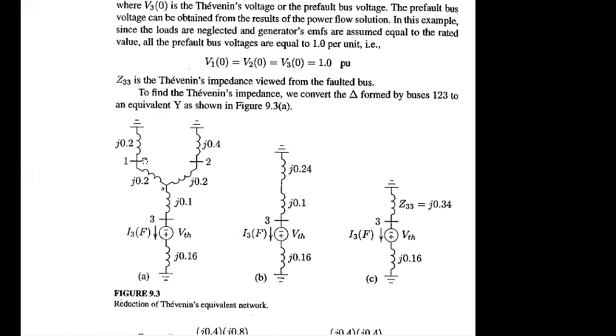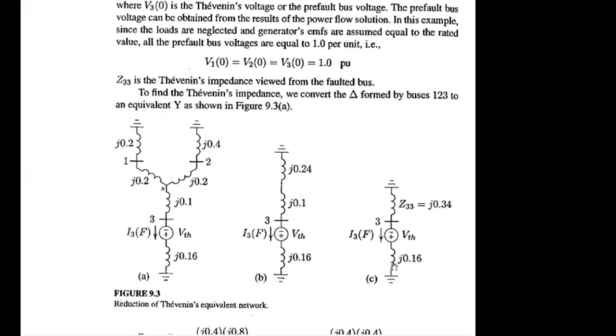So this is the equivalent Y of that inner delta. And you know already how to address that equivalent circuit in terms of this part. That means from upper ground to node 3, this is Z. Is it clear, this diagram, this part?